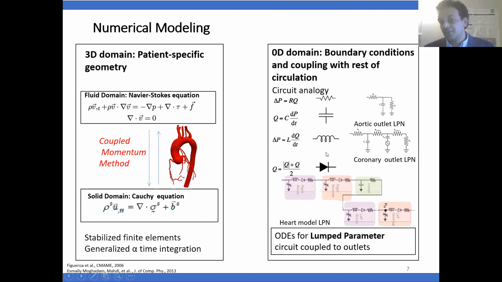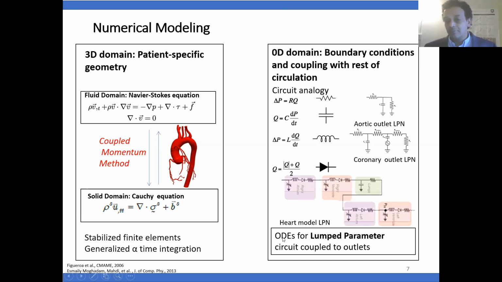Essentially we have these circuit elements, we put them together in various combinations so that we can mimic the pressure-flow relationships that are observed in vivo. And later I will show you a result of how this helps.